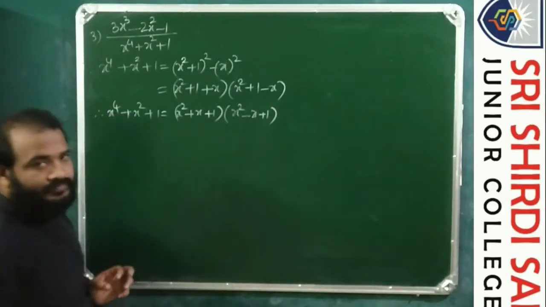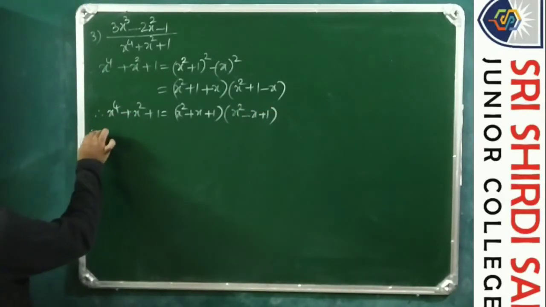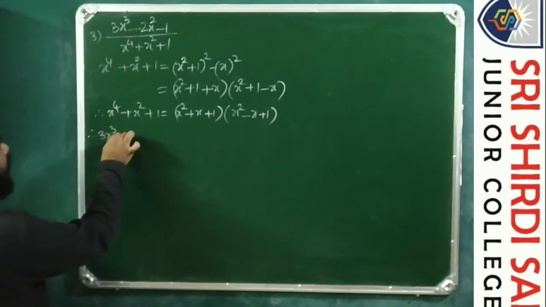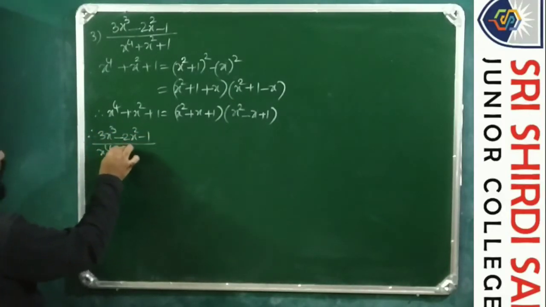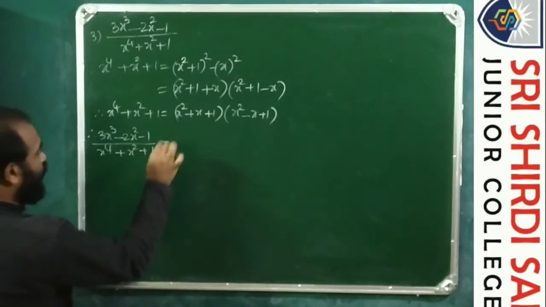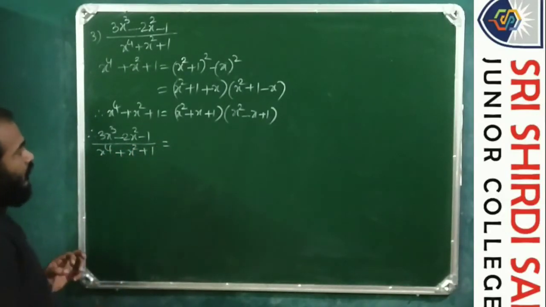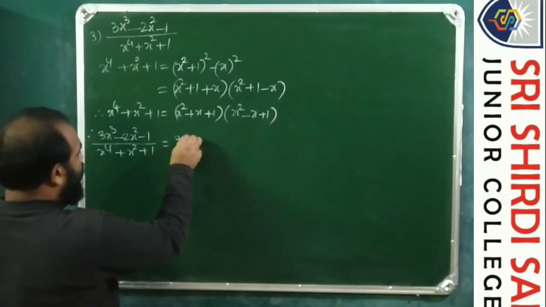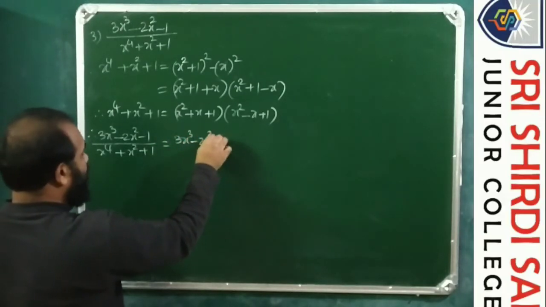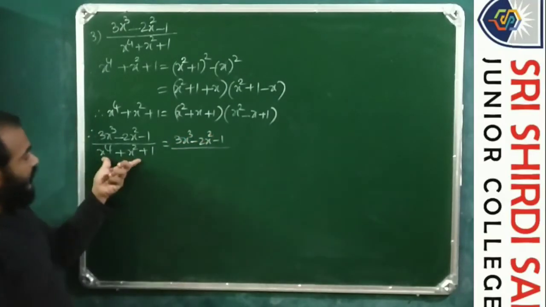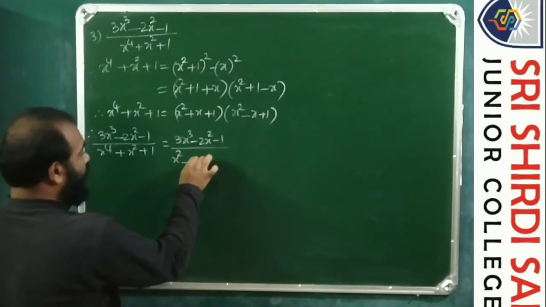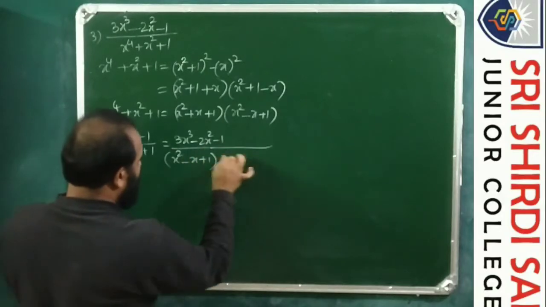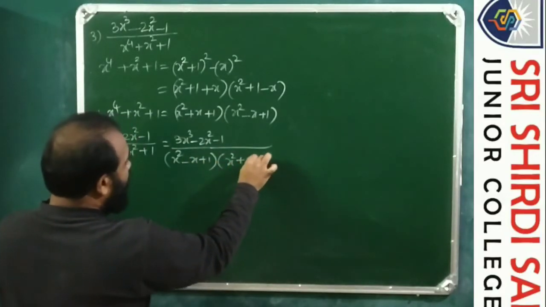Now this is 3x cube minus 2x square minus 1 by x power 4 plus x square plus 1, which is equal to 3x cube minus 2x square minus 1 by x square minus x plus 1 into x square plus x plus 1.